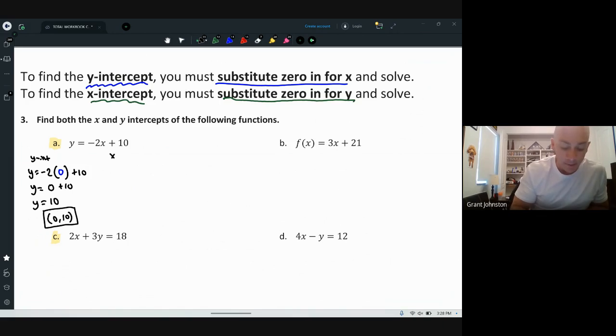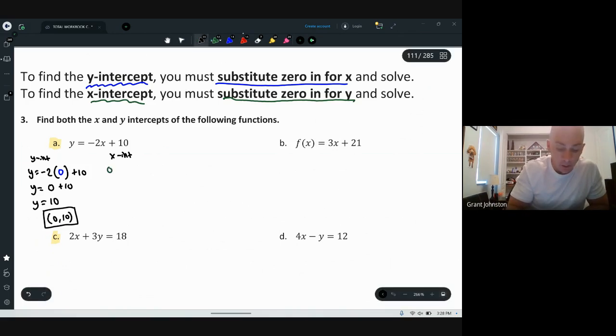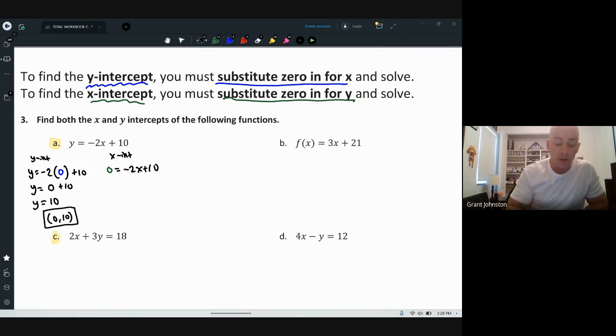And then the x-intercept, we substitute 0 in for y. So I'm going to have 0 equals negative 2x plus 10, and then solve that equation. Subtract 10 from both sides, divide by negative 2, x is 5, so the intercept would be at 5, 0.